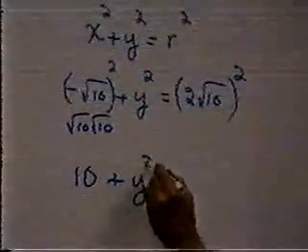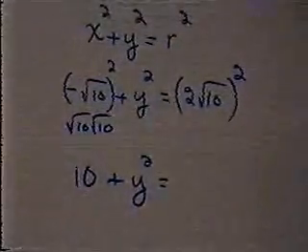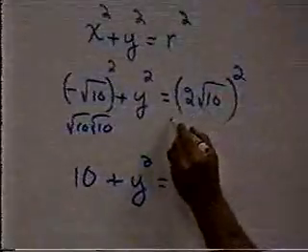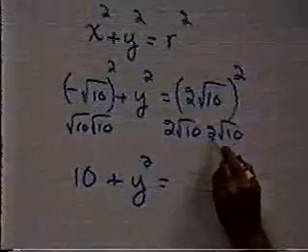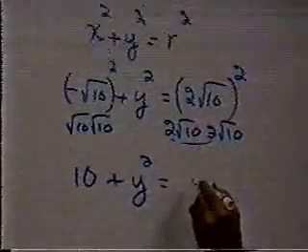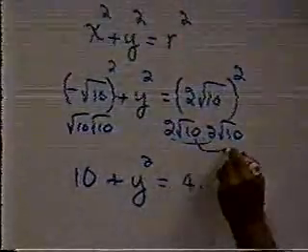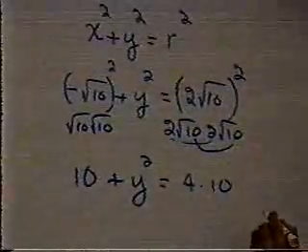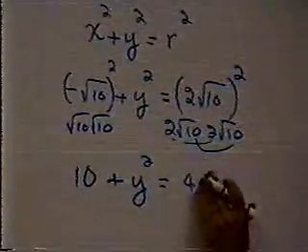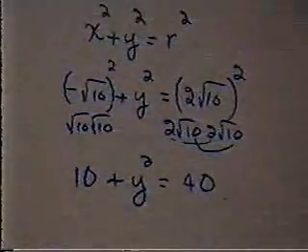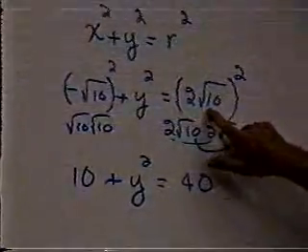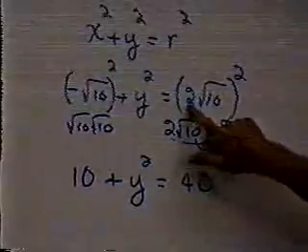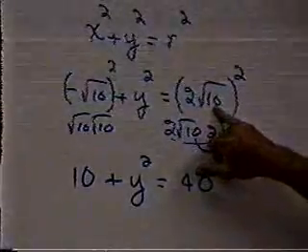We don't know y, so y squared is equal to. Now, what is this? 2 times the square root of 10 times 2 times the square root of 10. Well, 2 times a 2 is 4. The square root of 10 times the square root of 10 is 10. So what this is 40. So when you square a number in front of the square root, this gets squared, and this just gets to be the number.